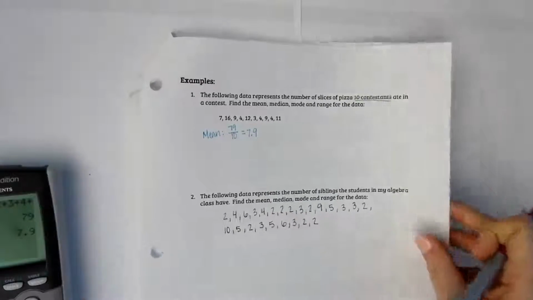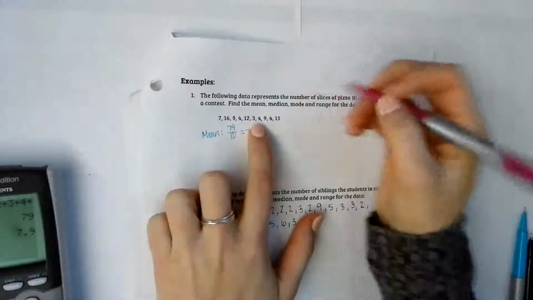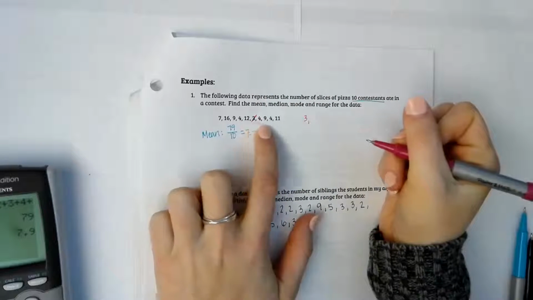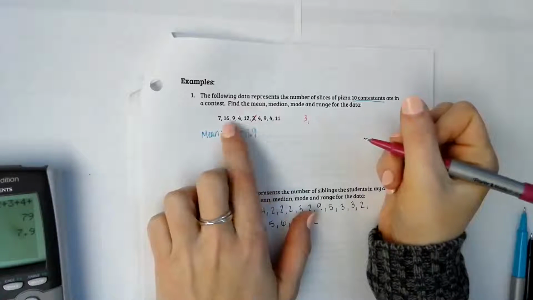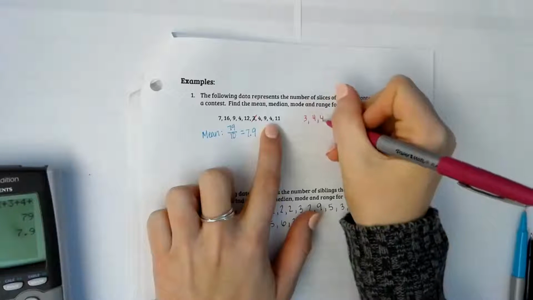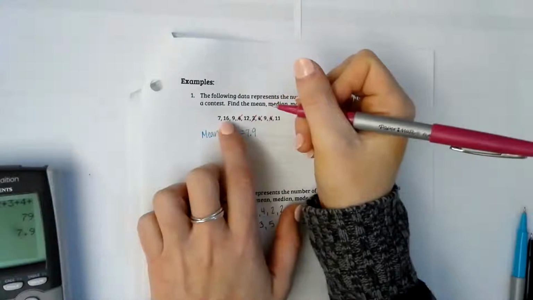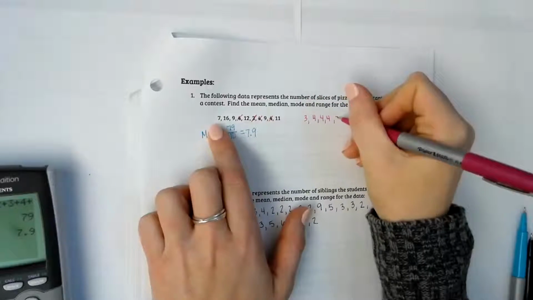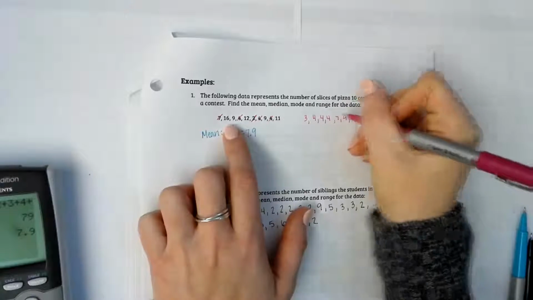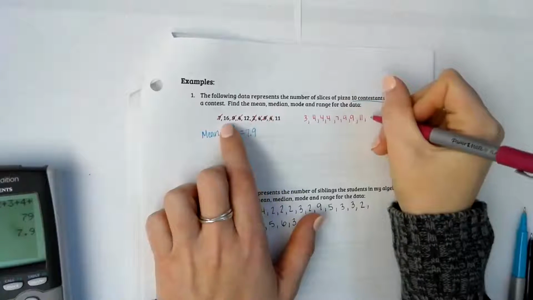So looking at this data here, my smallest number is 3, and I usually cross them off as I do this so I know that I've written it down. And then I have 3 4s, so 1, 2, 3, then 7, 2 9s, 11, and 16.